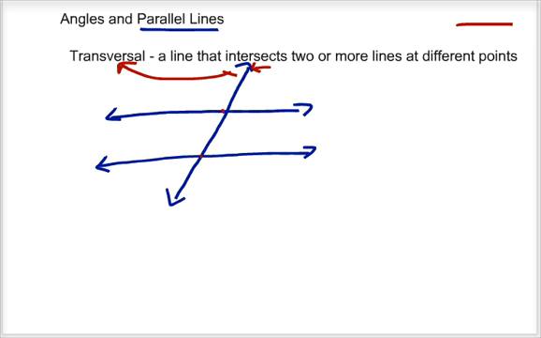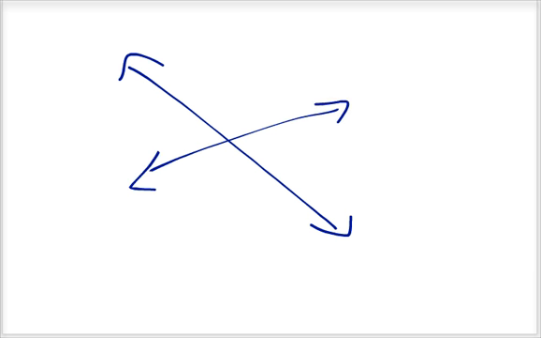Now you might be sitting there going, well, what's the point of writing down at different points? I mean, they can't very well intersect at the same point, but be careful. You don't need to write this on your paper. I just want to show you quick on another sheet here. If I have two lines, okay, and I'm going to draw a line that intersects at just one other point.